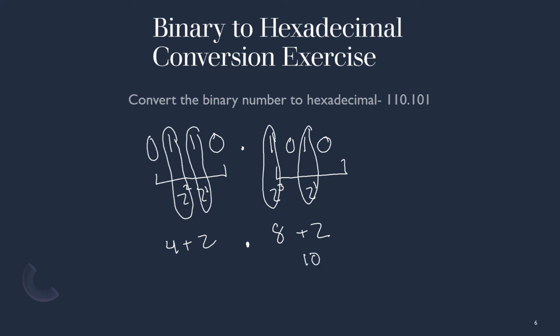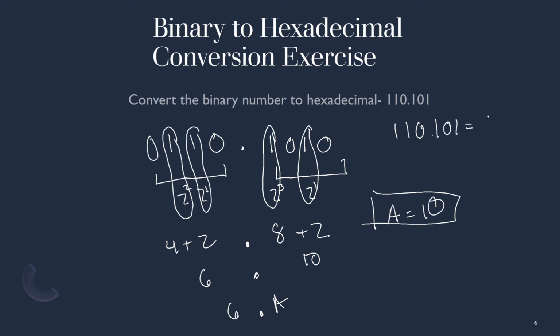So this is going to be 10. It's going to be 6. What we're looking at is 6A. Remember, A equals 10. So what we're looking at is 110.101 equals 6.A in hexadecimal format.